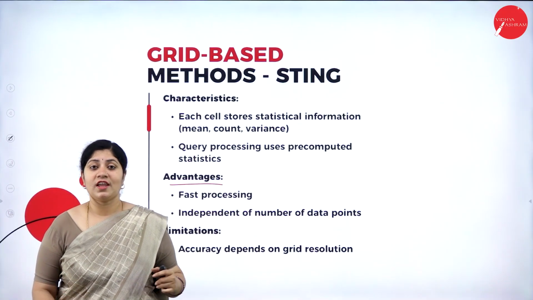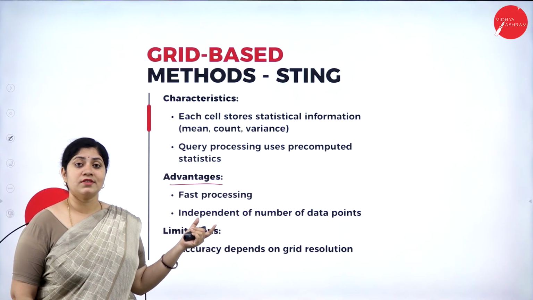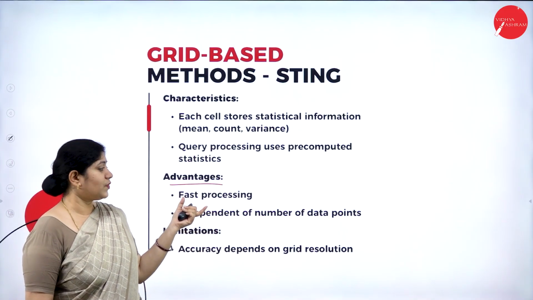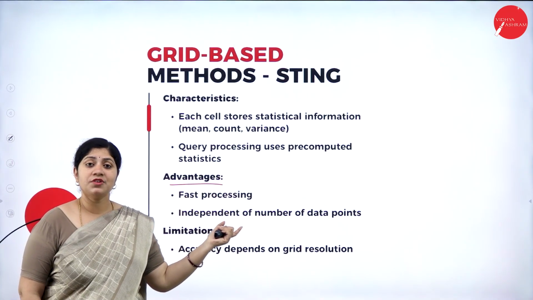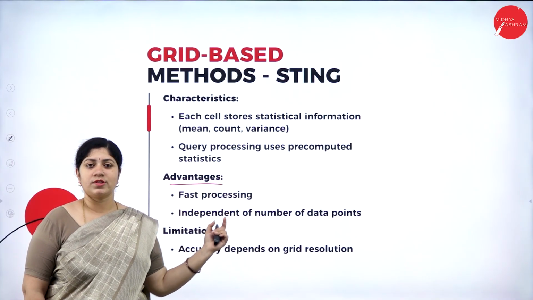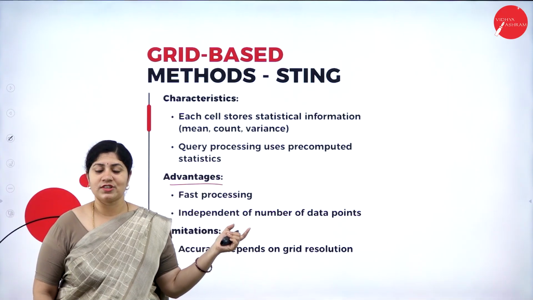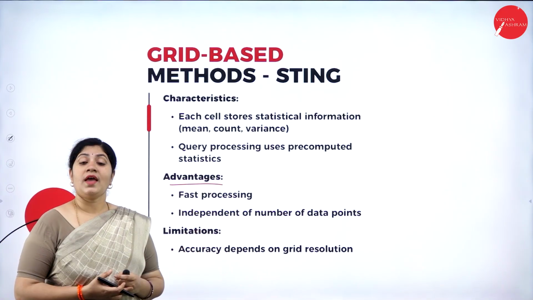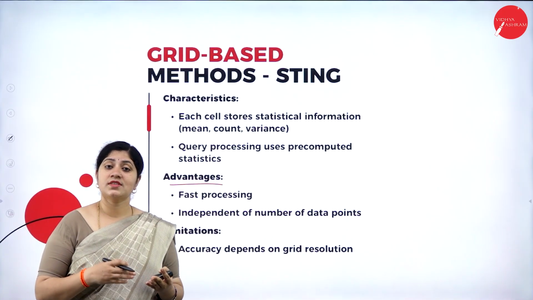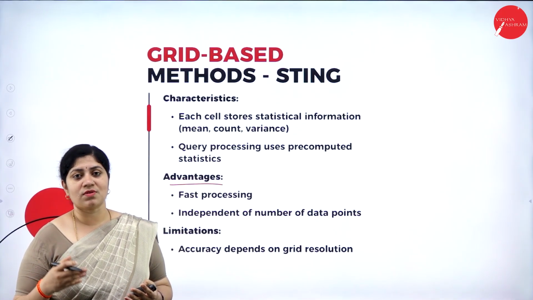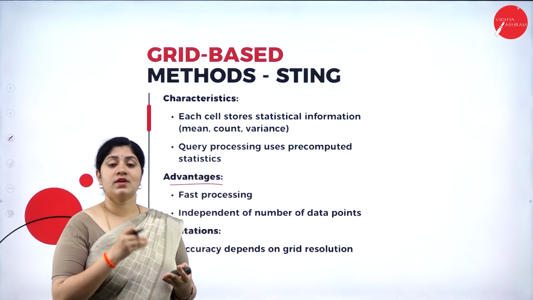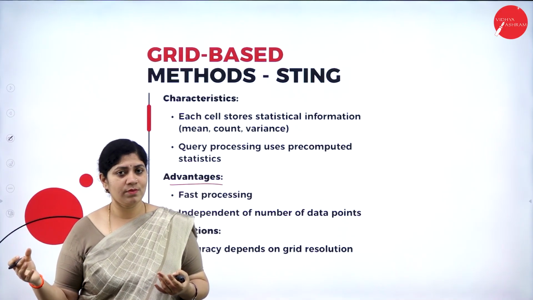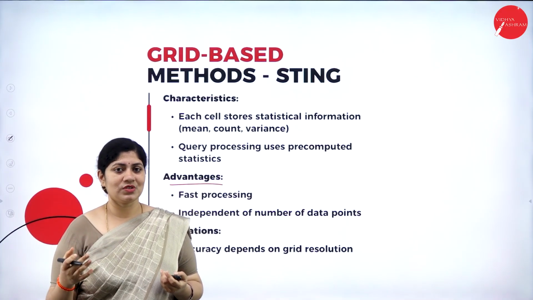The main advantage of STING that we can consider is the processing speed. It is very fast. It is independent of the number of data points. So this is a second advantage. Let's move forward with understanding the limitation of STING. The accuracy of STING is completely dependent on the grid structure. So this forms the disadvantage or limitation with respect to STING.